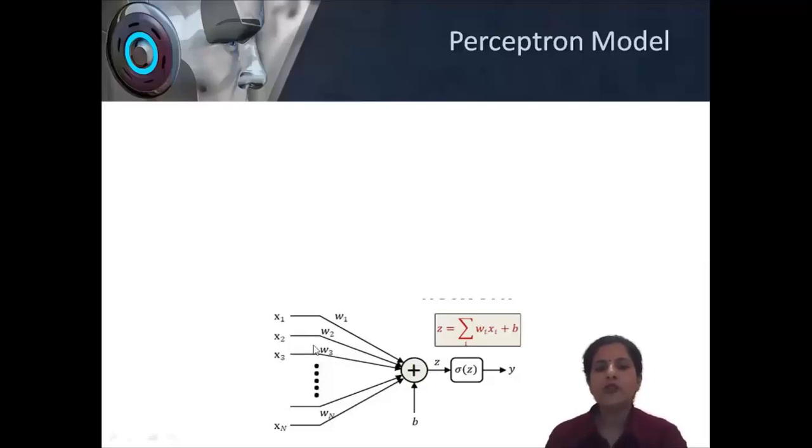So what was the change? Let's see that. If we see this, it seems very similar to what we have seen in the MP model, but if we analyze it clearly, we'll find some differences. First, the structure is very similar to the MP model, where inputs are applied and each input is multiplied by a weight.